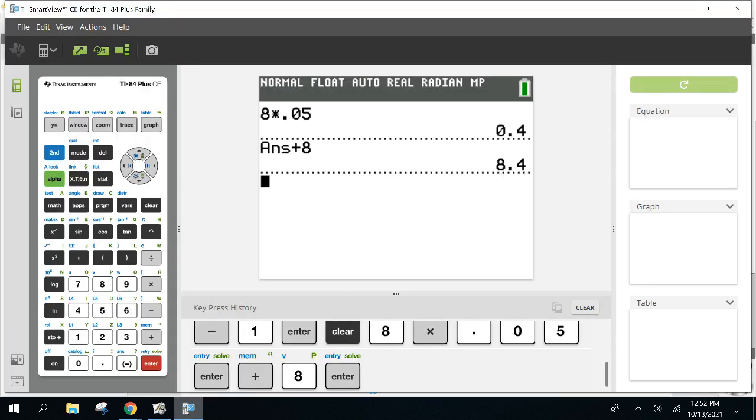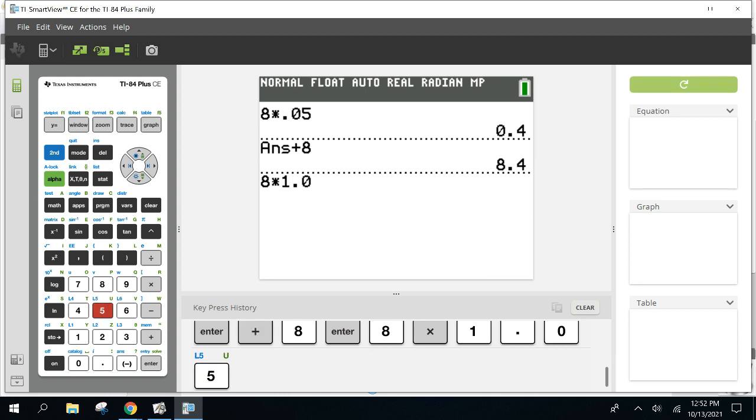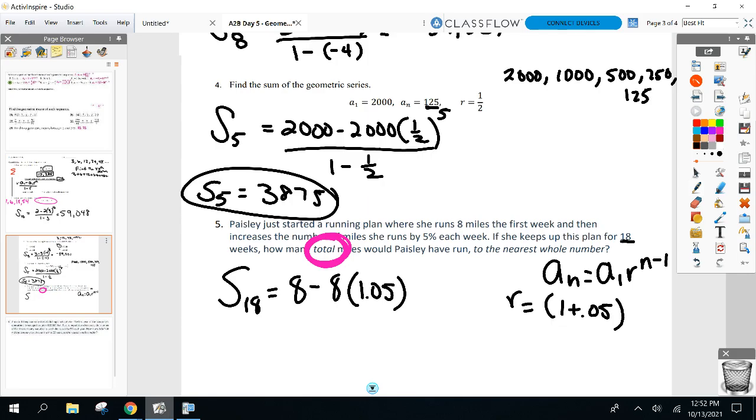Ready? 8 times 1.05. Boom, 8.4. That's what you're multiplying by. Anytime you increase, you do 1 plus the percent. And let's just say we do a decrease next problem. What would I do to find the R value instead? 1 minus the percent.